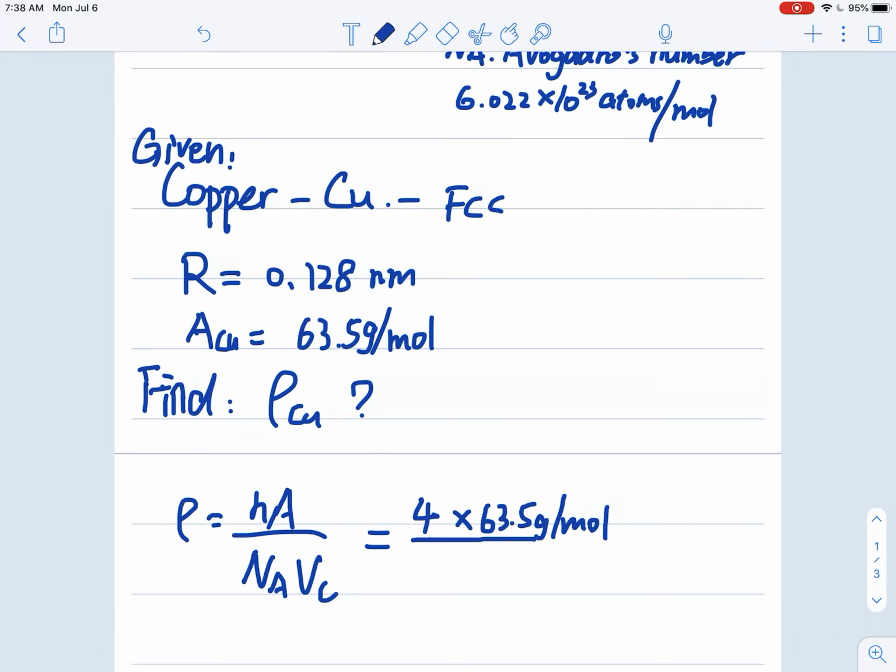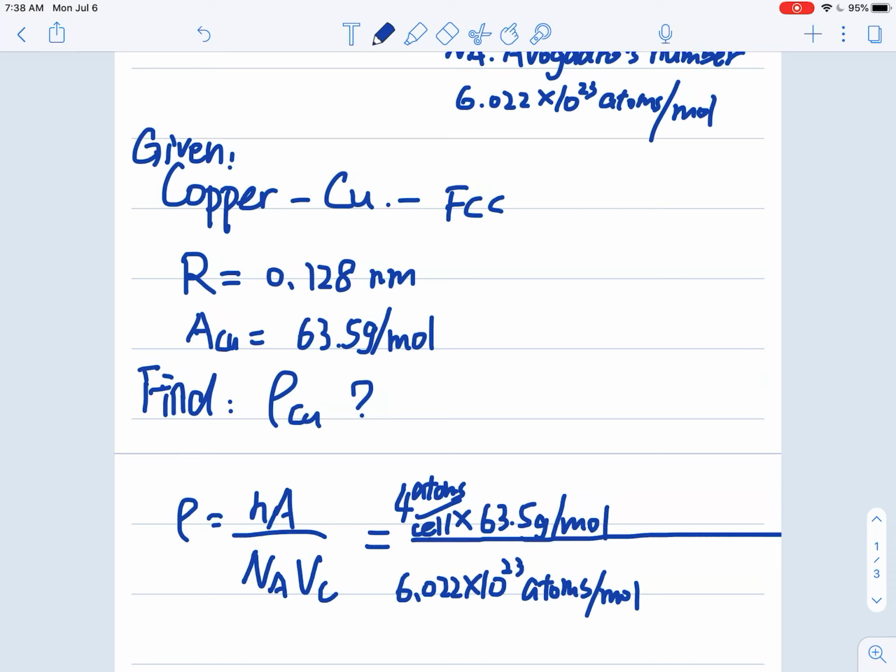And NA on the bottom here is a constant number, so we copy that number, 6.022 times 10 to the 23rd atoms per mole. Okay, let's add a unit for our number 4. So here 4 should have the unit of atoms per cell, right?